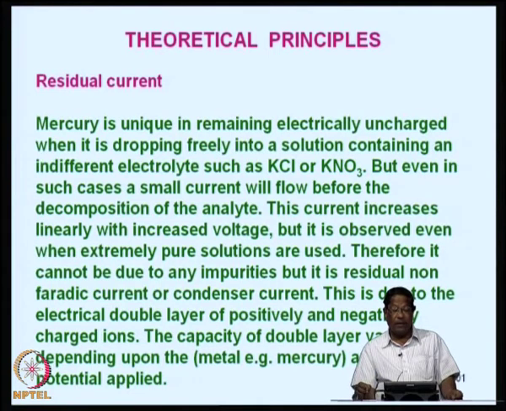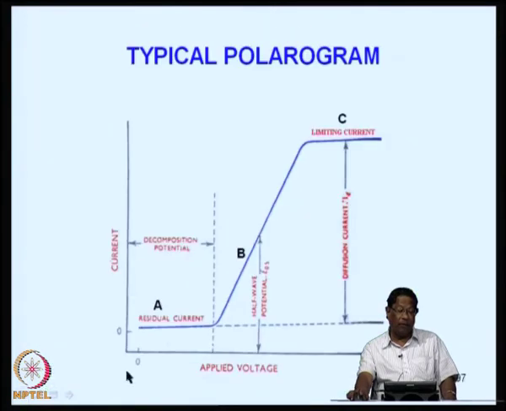But even in such cases, a small amount of current will flow before the decomposition occurs. That is why you will see a small rise in the current in the range A to B. That is, if you permit me to go back, this residual current, there is a slight increase. It is not exactly horizontal, but it is slightly increasing.